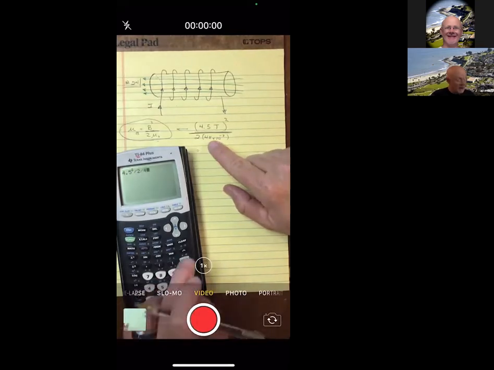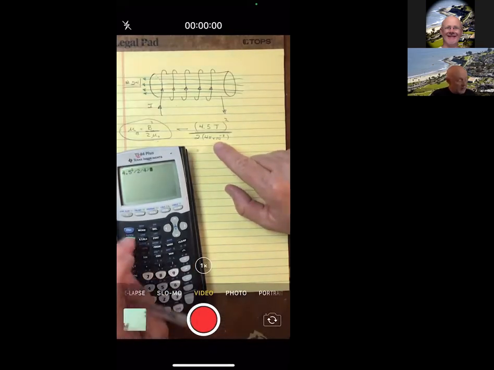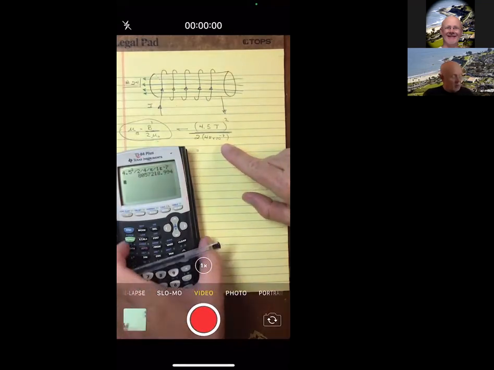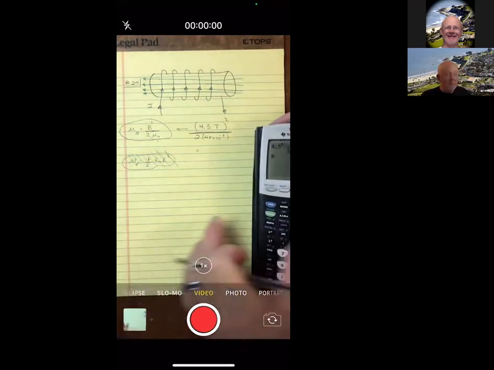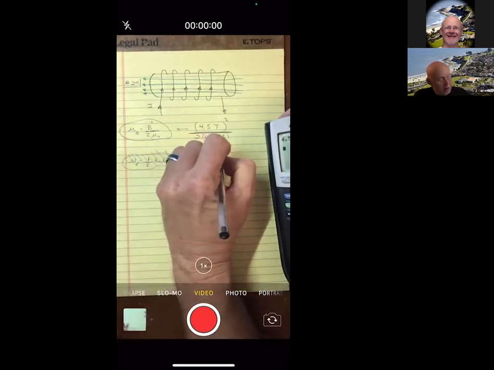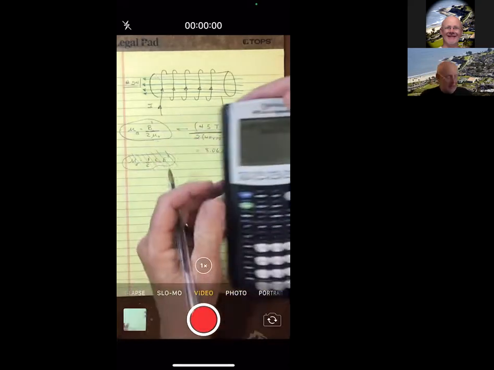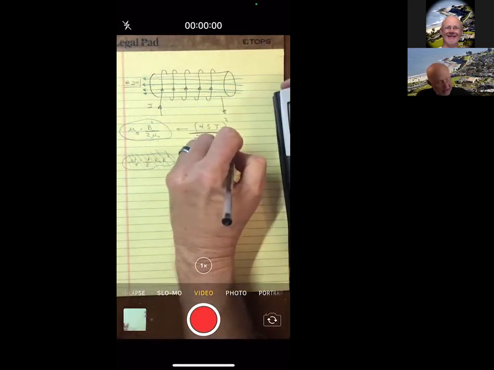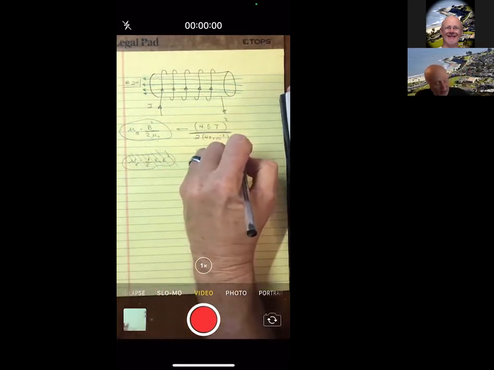So we'll also divide it by a 4, and also by a pi. And I will also divide it by a 1 times 10 to the negative 7, which is going to make this a big number, 8.06 times 10 to the 6. And this is an energy density, so it would be joules per cubic meter.